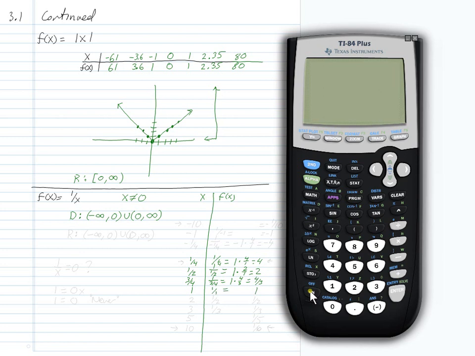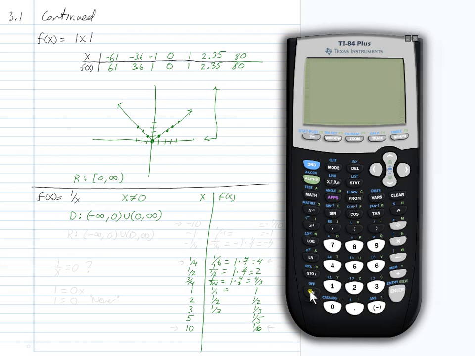Alright, so I've dealt with some of the trickier x values. Now let me go a little bit further out. If I plug in 2, 1 over 2 is a half. And if I plug in 3, 1 over 3 is obviously 1/3. 1 over 5 would be 1/5. 1 over 10 would be 1/10. So we can see how these fractions as outputs are getting smaller and smaller the larger our x values get.